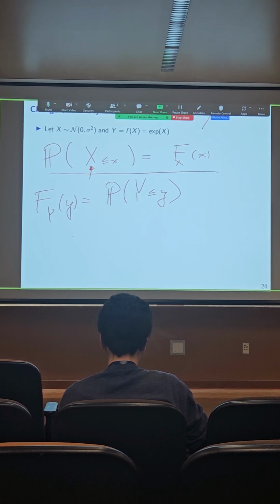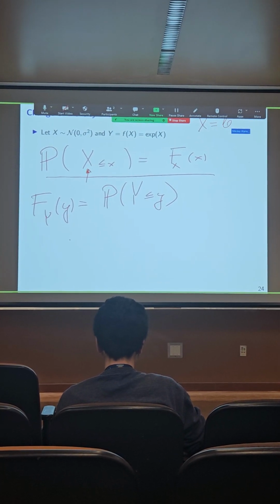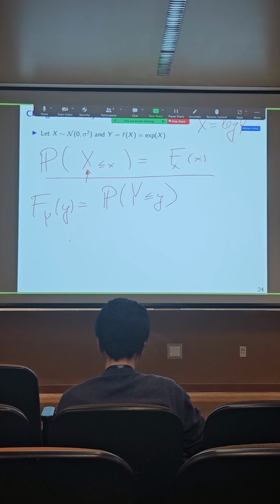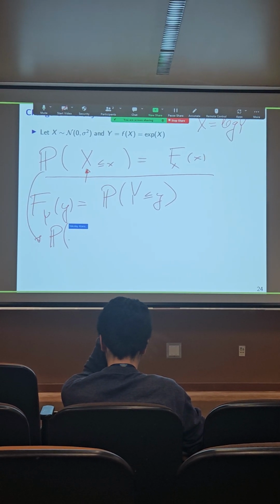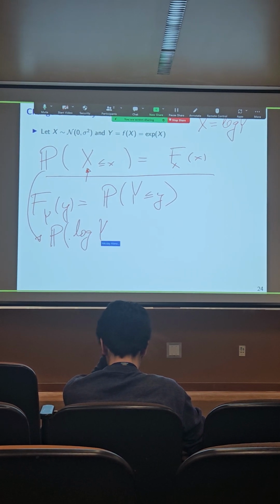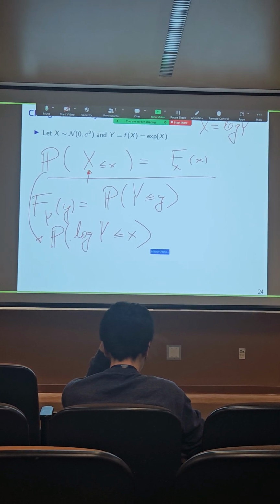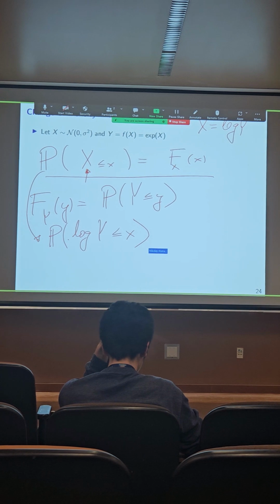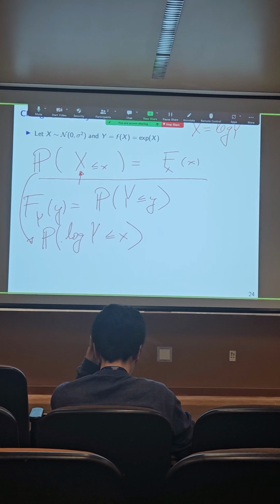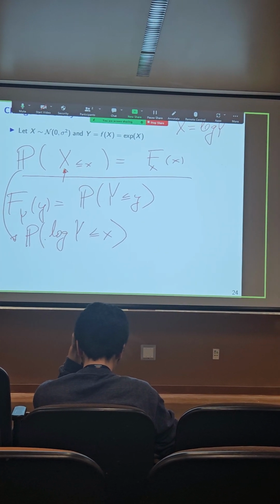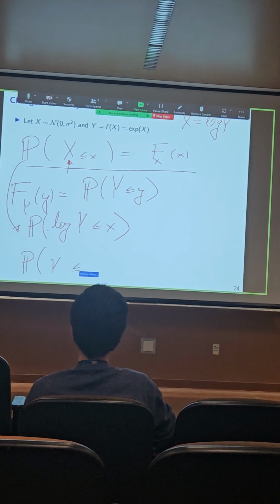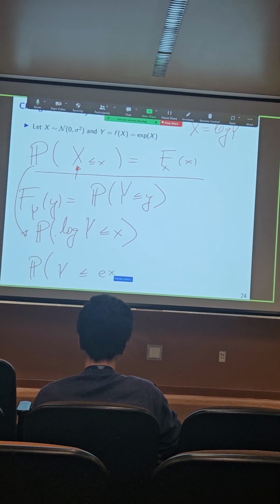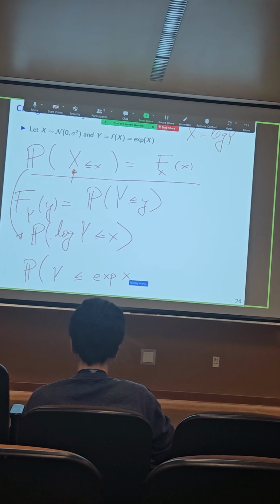I know that x is just log of y, right? So I can rewrite this term as P of log of y less than or equal to x. And we can take exponential on both sides, and we get P of y less than or equal to exp of x.